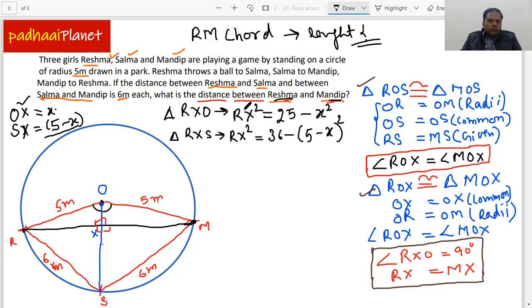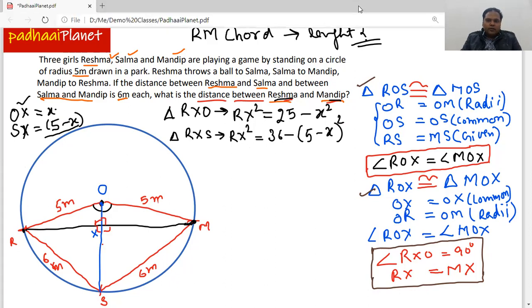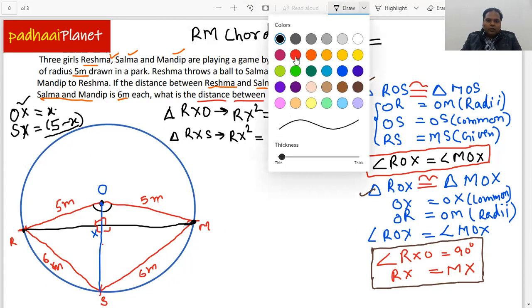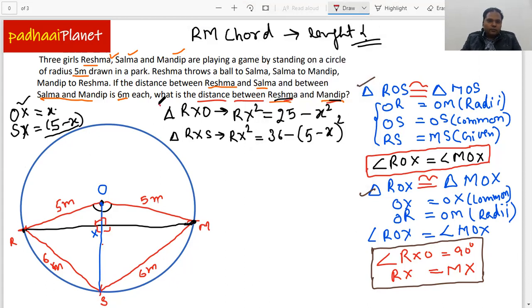Now, since the left hand sides of these two equations are both RX square, both of them are equal to each other.